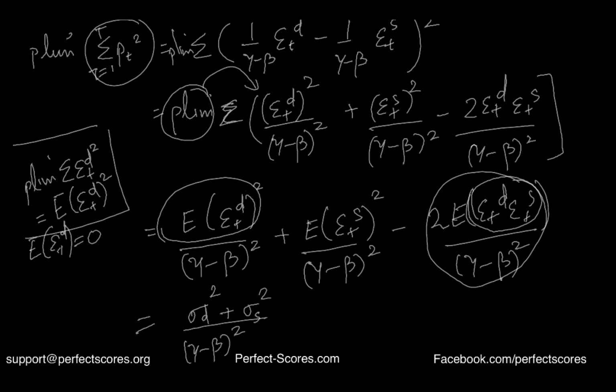So now let's go back to the numerator. What was our numerator? Our numerator was the probability limit of the sum of price times quantity, right? If you remember the expression for price and the expression for quantity that we got in the reduced form, this is going to be equal to the probability limit of, and this is going to get a little messy here.